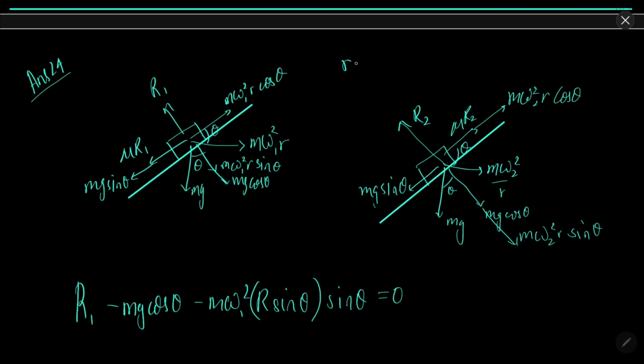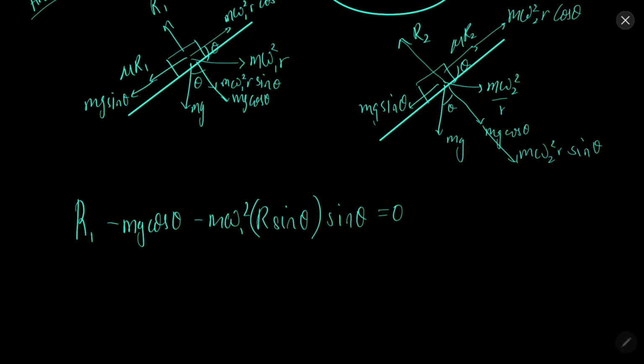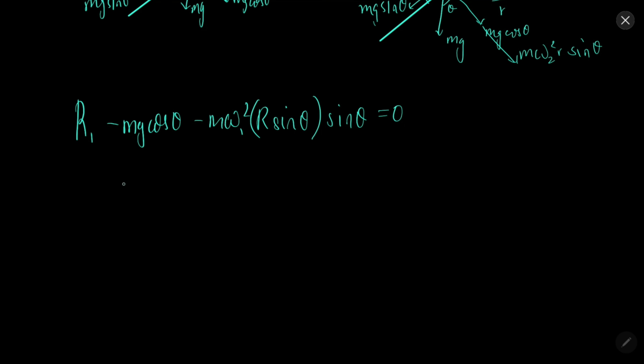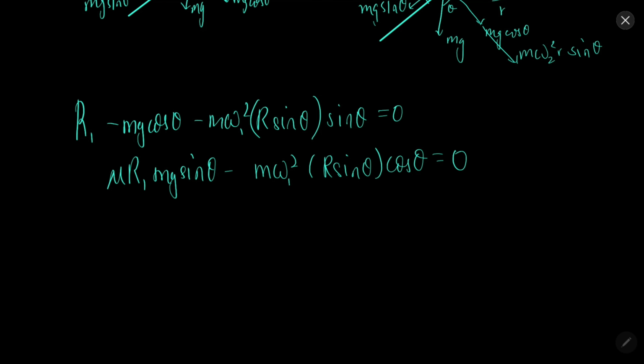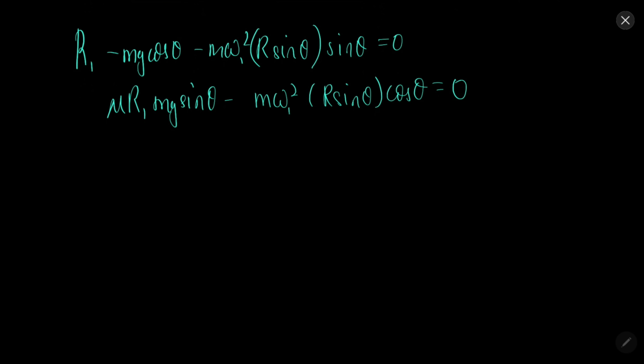Remember r is equal to r sin theta, so in place of r we are using r sin theta. Ultimately this is one equation that we have, and another equation is mu N1 plus mg sin theta minus m omega 1 square r sin theta cos theta equal to 0. So these two equations are there.